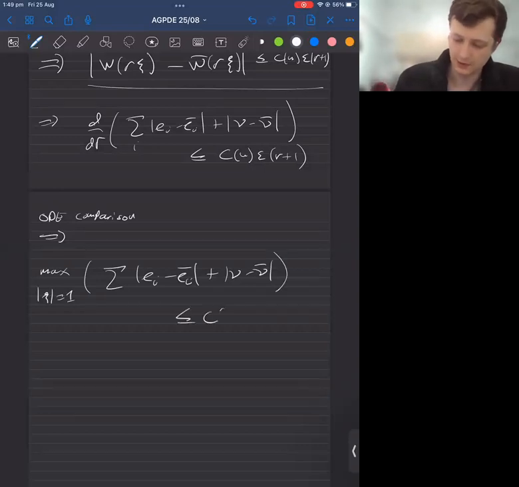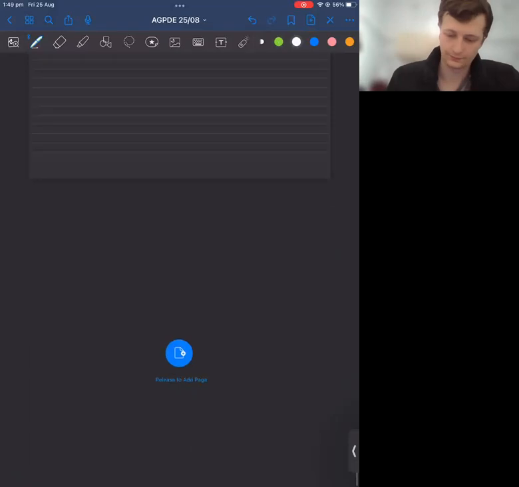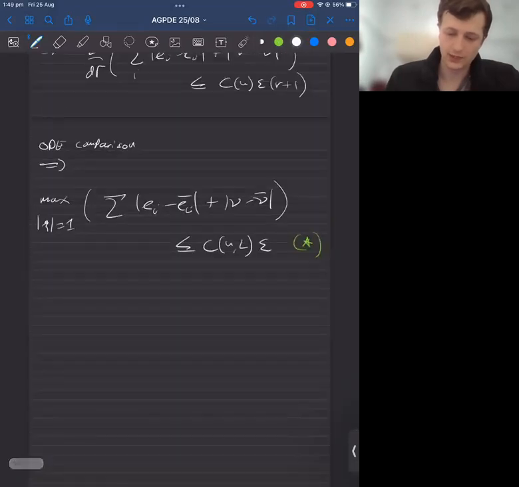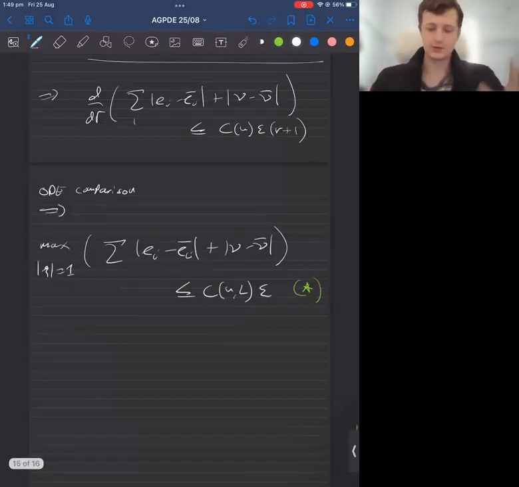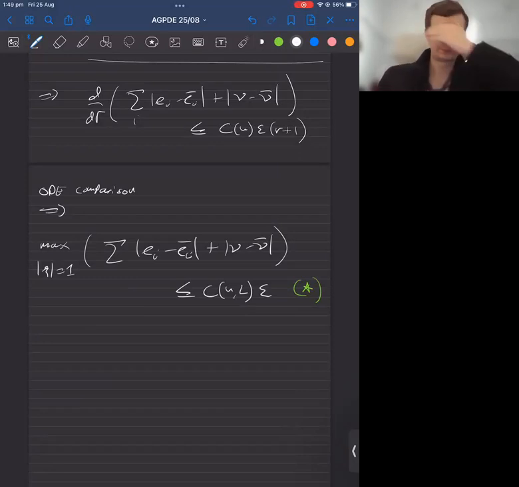So this is less than a constant, depending on n and l, times epsilon to the star. That's a little bit of work, but it turns out if we choose this normal parameterization for both of them, the frames don't differ too much, which makes sense.